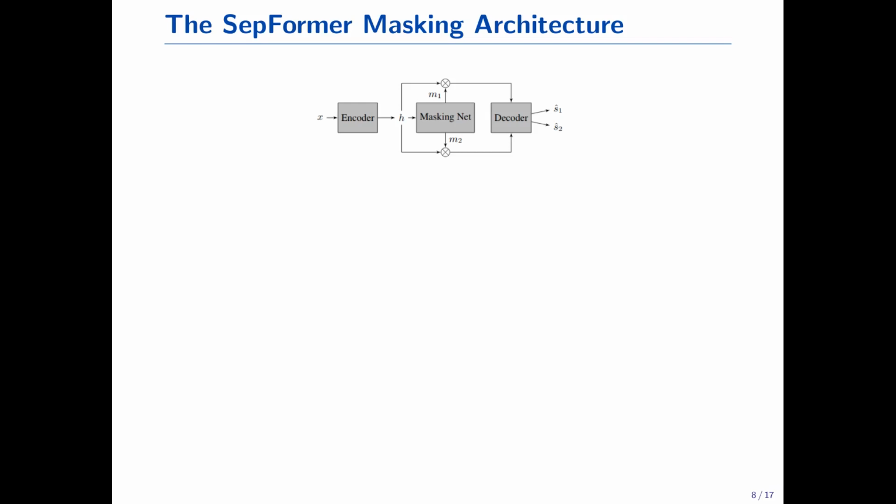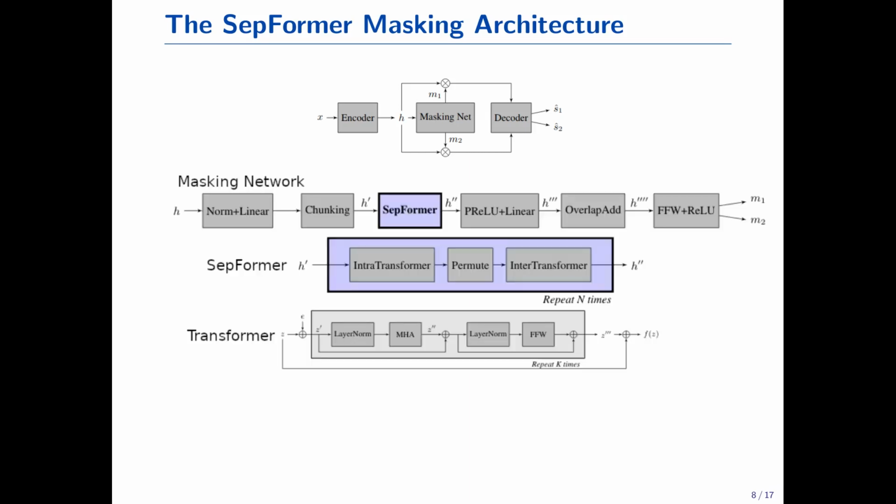We learn a deep masking network based on self-attention, which estimates element-wise masks. Using those masks, we do the separation in that representation space. The decoder reconstructs the signals in the time domain. And the structure of the masking network is as follows.